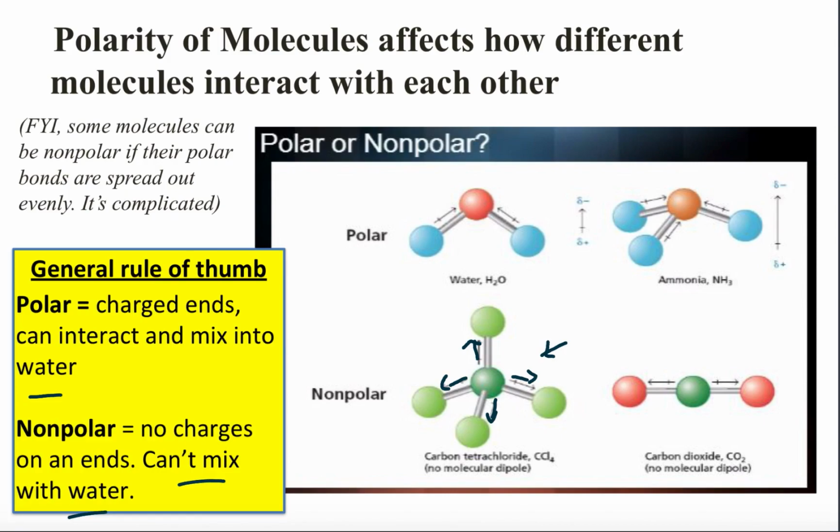Just focus on bonds, but realize it gets more complicated, and that's for you to learn in chemistry, especially chemistry honors, but I think regular chemistry teaches it as well, okay? But for now, we're just focused on, all right, charged ends often lead to charged molecules, not always, but often. And charged polar molecules will hang out with charged substances, but not non-charged substances or non-polar substances.